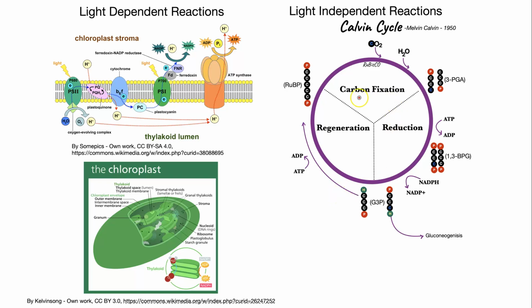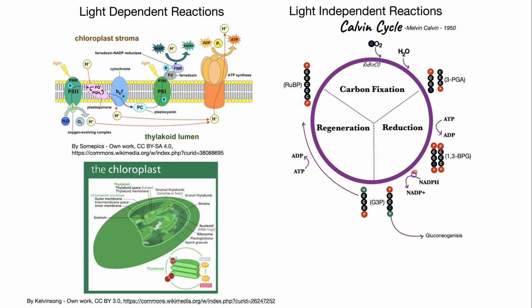Okay, so we have the carbon fixation. We're going to add the carbon, and we're going to basically have a 6 carbon molecule, when you put these together here, that gets split. And then we're going to reduce these 3 carbon fragments now by essentially giving them electrons. Remember, reduction is gaining electrons.